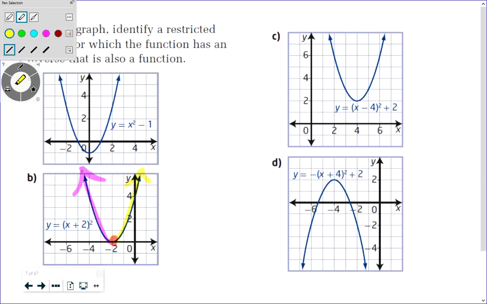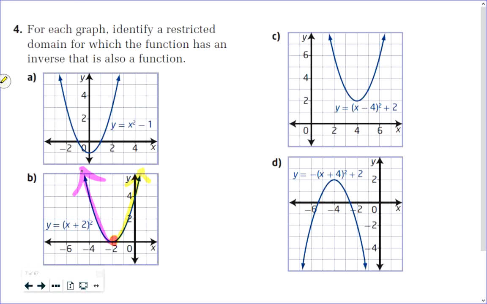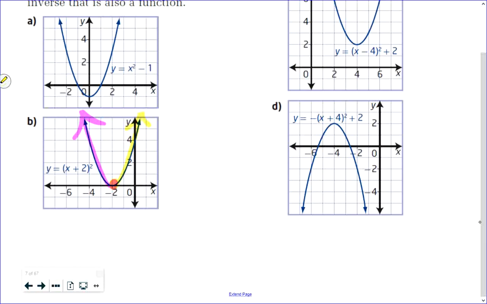And if I could only focus on the yellow side, the inverse would be a function. I think students can get bogged down in what it would look like. I don't care what it would look like. That's not relevant. So the value of x that separates those two halves is negative 2.